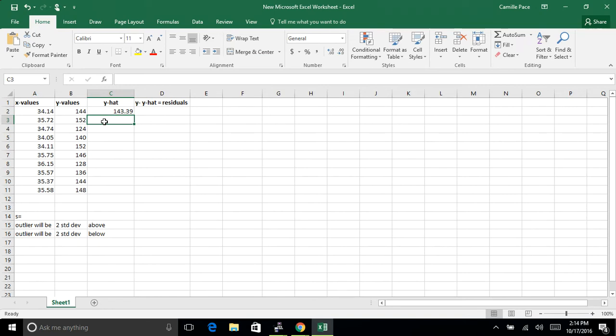If you know how to use Excel, I'm going to show you the way that I can do it. You can do equals negative 1.5 times this, okay? And let me put this in parentheses, plus 194.6.